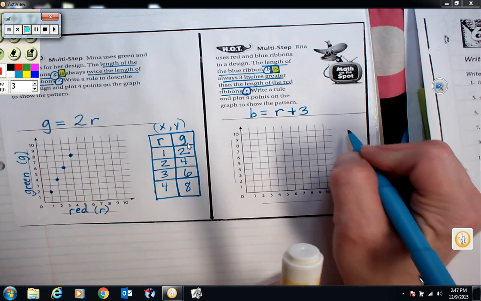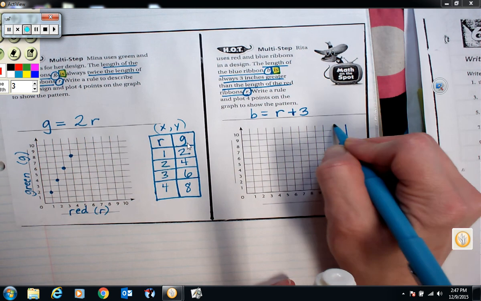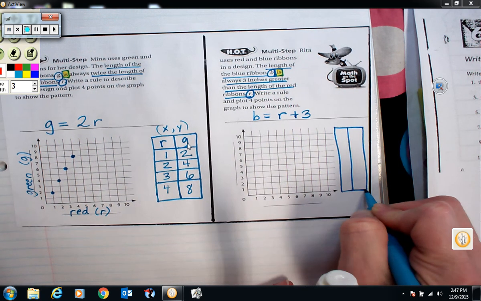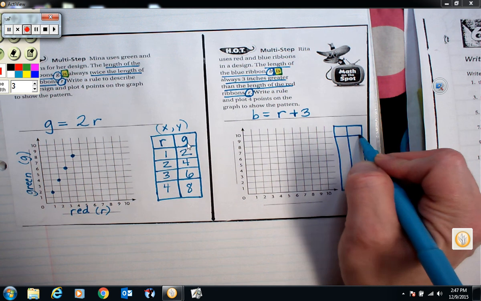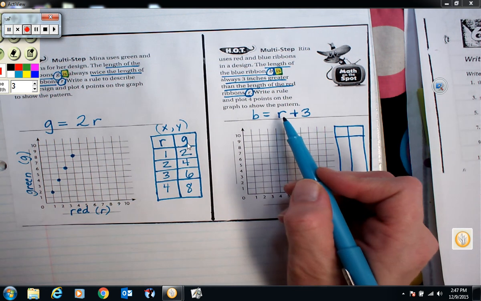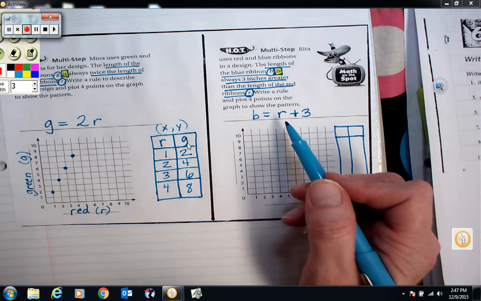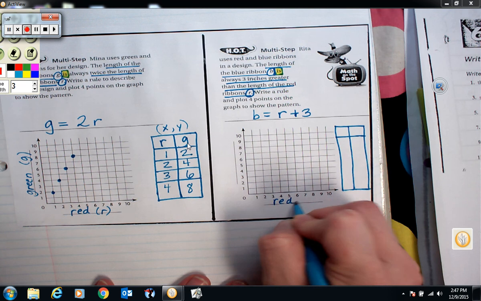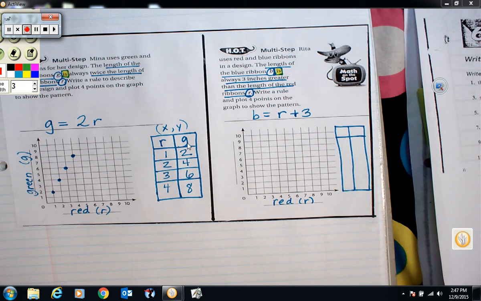So I'm going to draw a t-chart again. This one's going to be pretty skinny. And I need to decide what's my input and what's my output. R is the number that's being crunched. So we're adding 3 to R. So that will be my input. So red goes down here on the x-axis because the input value always goes on the x-axis.